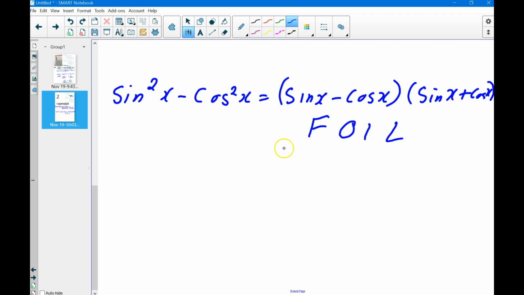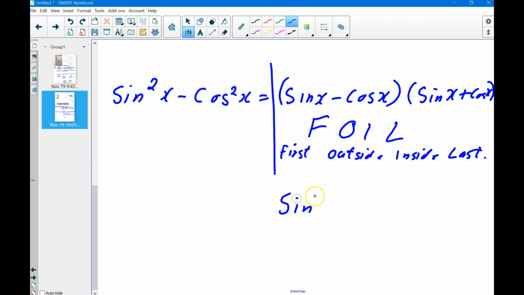FOIL meaning first, outside, inside, last. So doing this on this side over here, we have sine x multiplied by sine x, which gives us sine squared x.